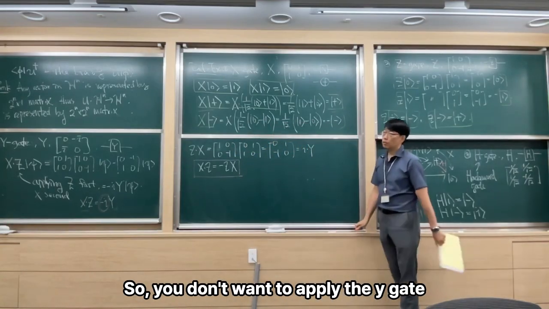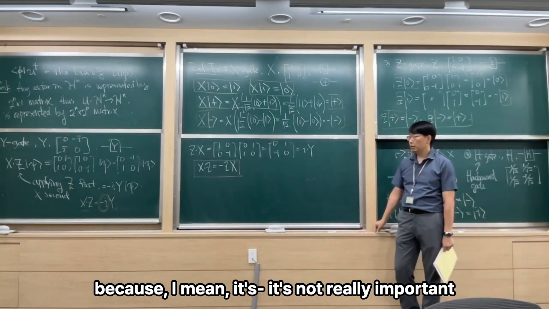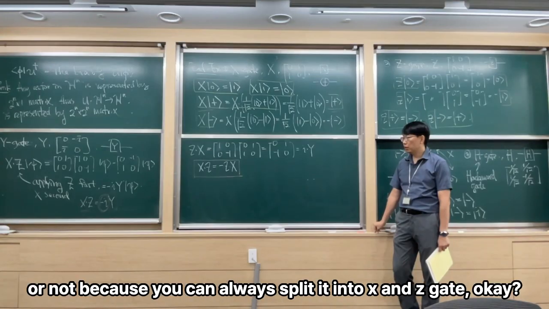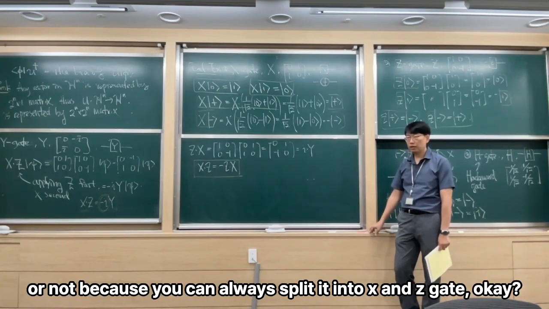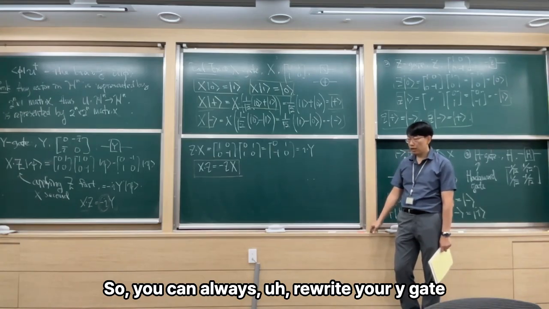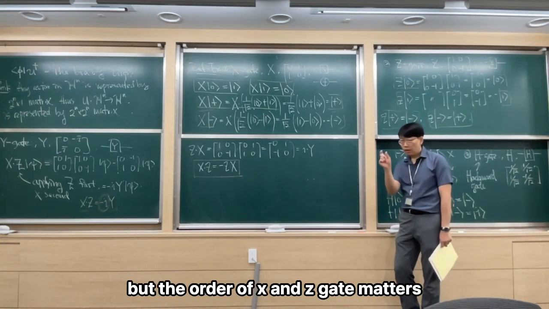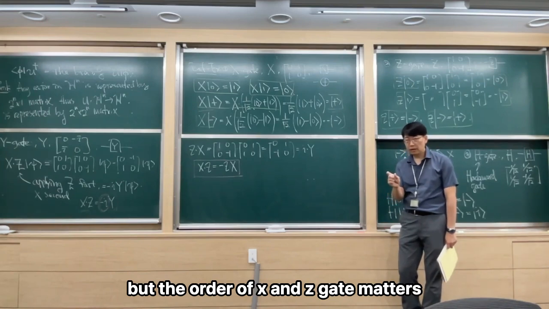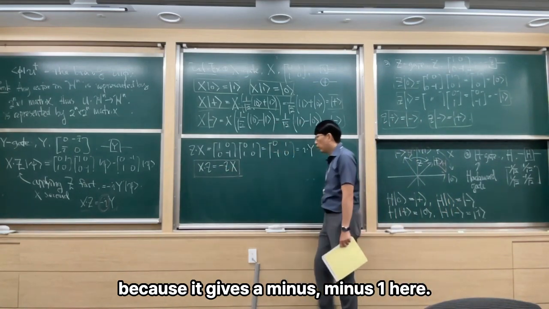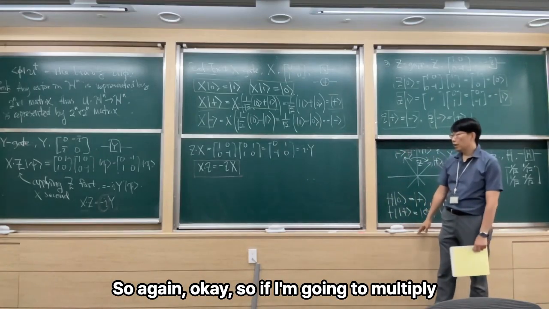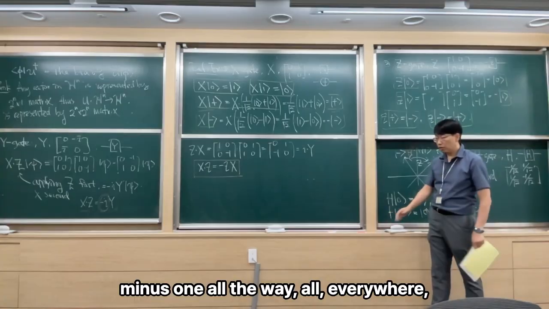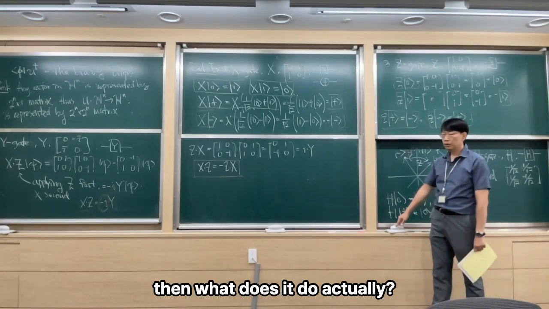So it's not really important whether you apply the Y gate or not, because you can always split it into X and Z gates. You can always rewrite your Y gate as an action of X and Z gates, but the order of X and Z matters because it gives the minus 1 here. If I multiply minus 1 everywhere, what does it do actually?